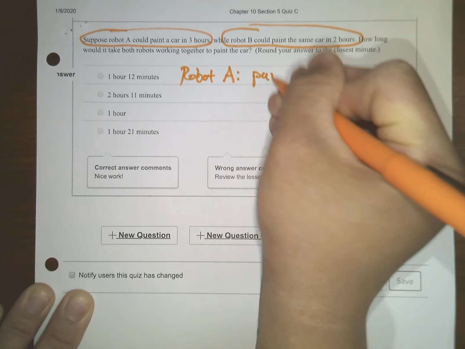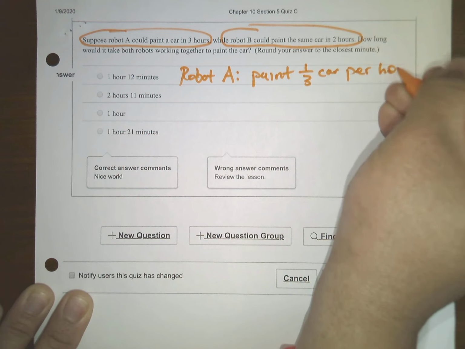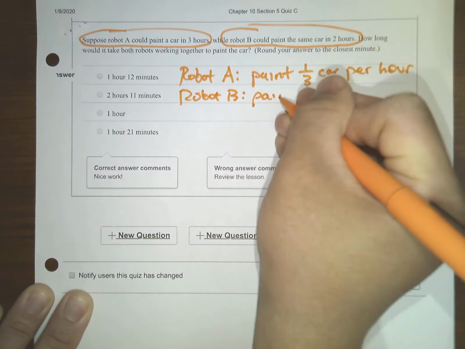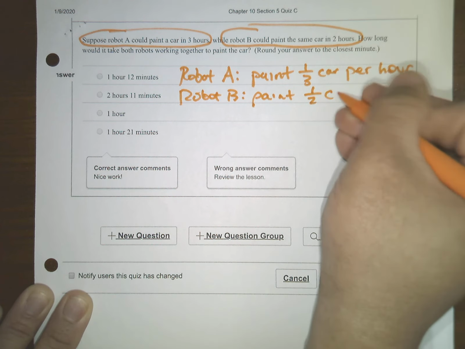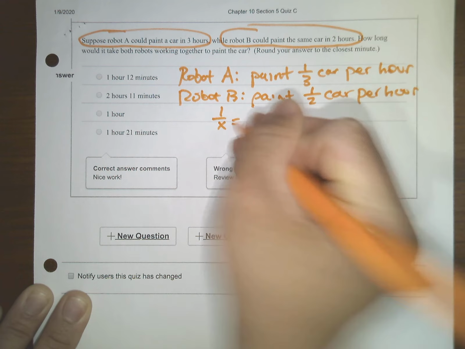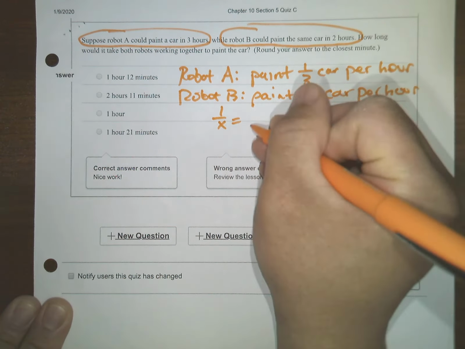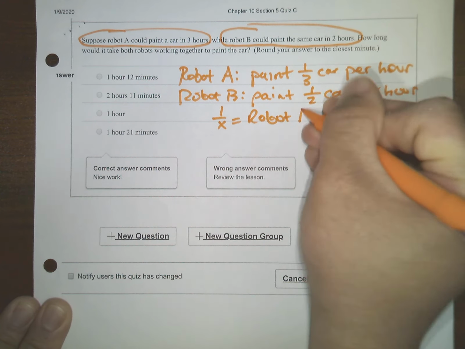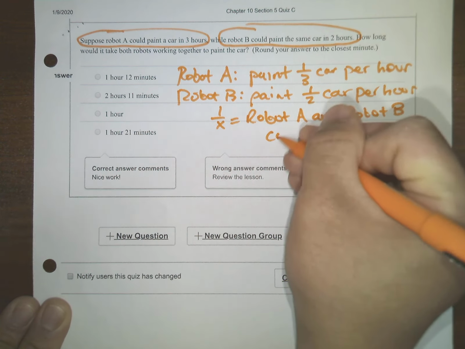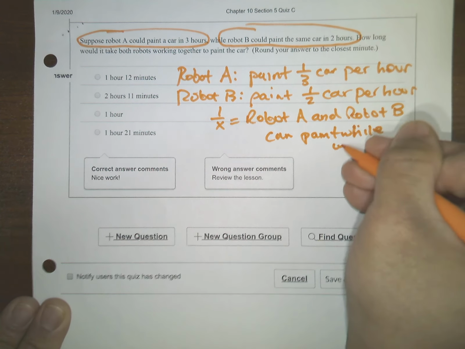So robot A can paint 1/3 of the car per hour, and then robot B can paint 1/2, or half of the car per hour, and then 1/x is the amount that we're going to say that robot A and robot B can paint while working together.